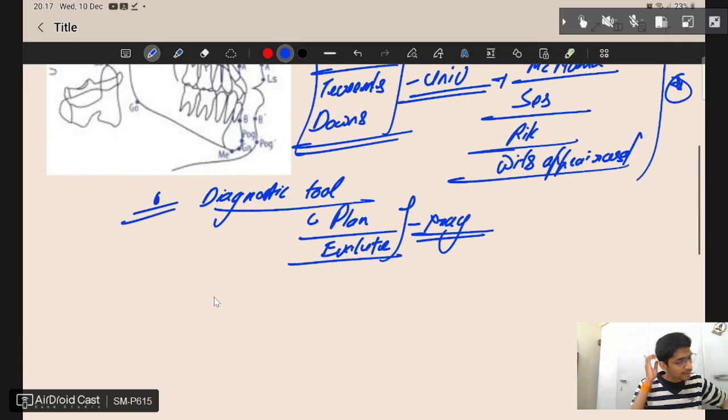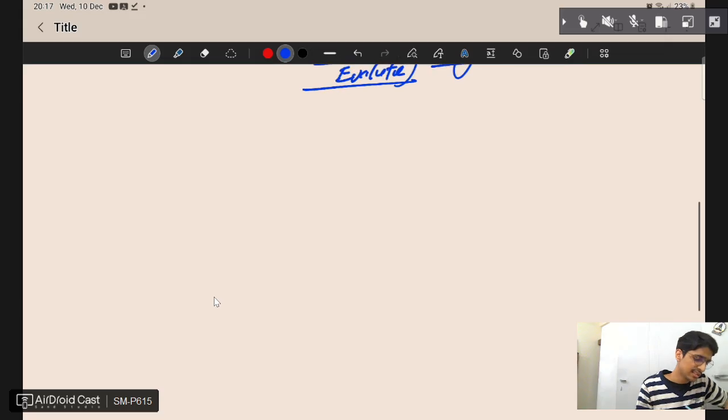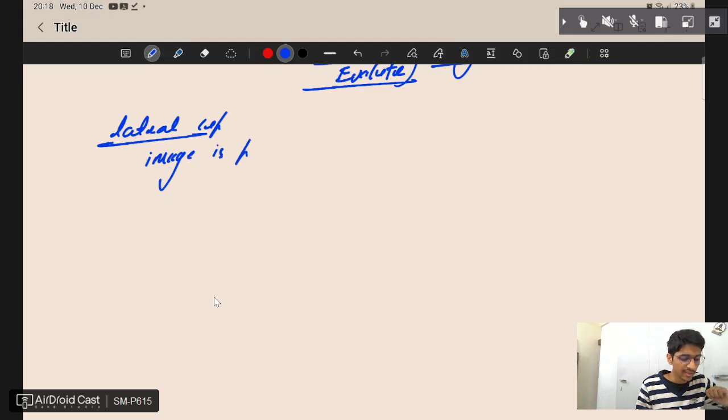There are two types of x-ray in this. One is the lateral ceph, the x-ray which is taken from the side of the patient, in which the image is placed on the left side of the patient, and the x-rays are directed from the right side.